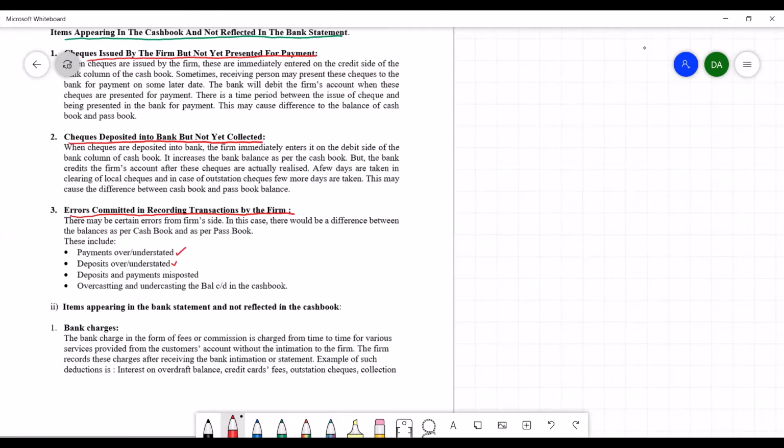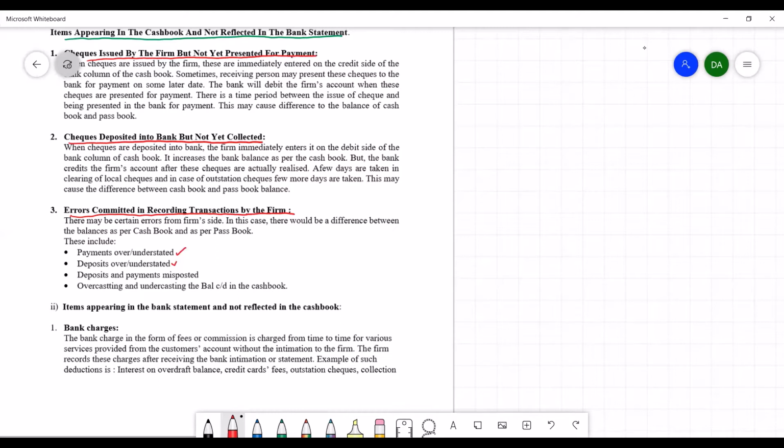And lastly, overcasting or undercasting the balance in the cash book. That is also another problem. If the balance of the cash book carried forward or brought down is overcasted or undercasted, that may be an arithmetic problem or just a misposting problem.